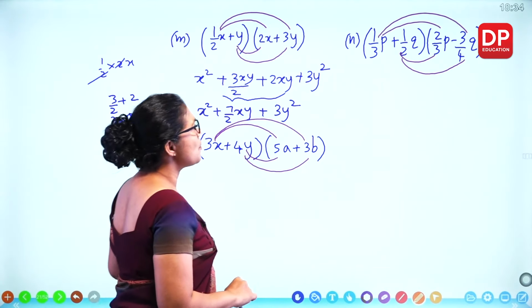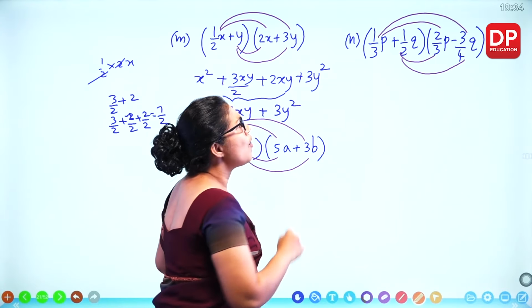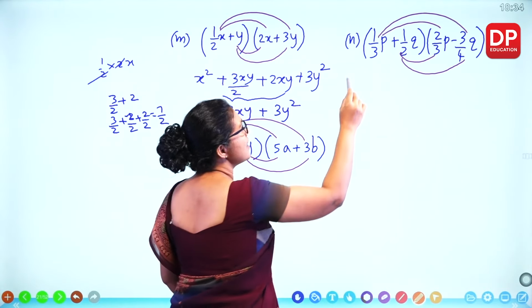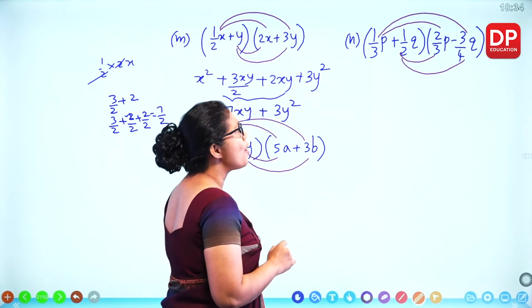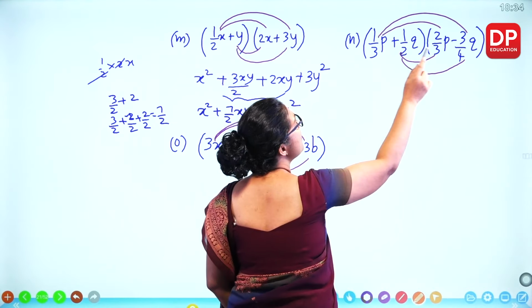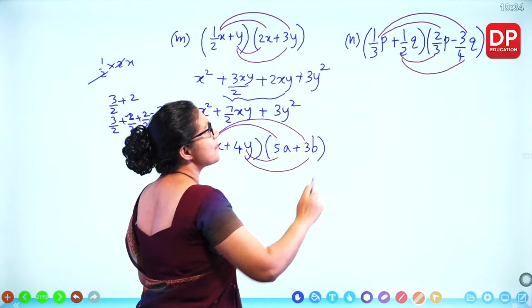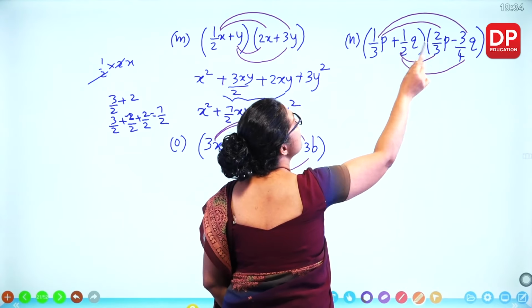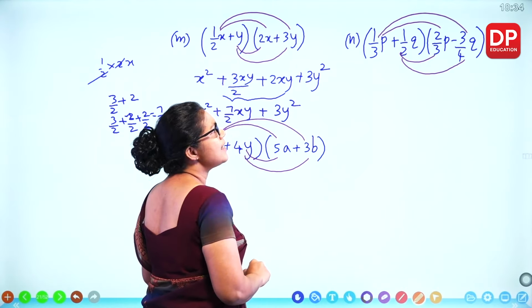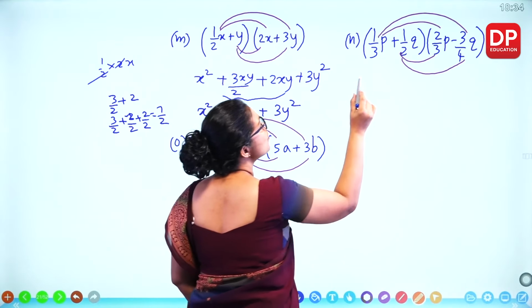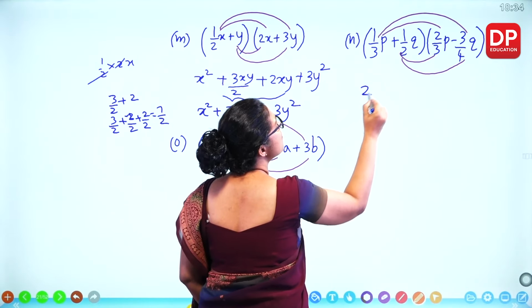Now we'll take this one. We'll try without writing it again. So here straight away we'll try to multiply. 1/3 p into 2/3 p. So what you get? Here you can multiply numerator separately and denominator separately. So 2 times 1, 2. 3 times 3, 9.